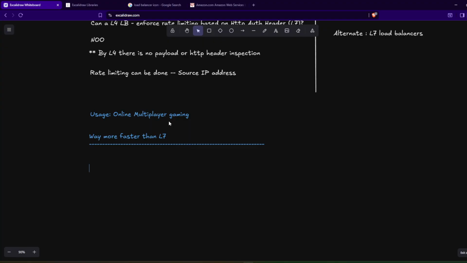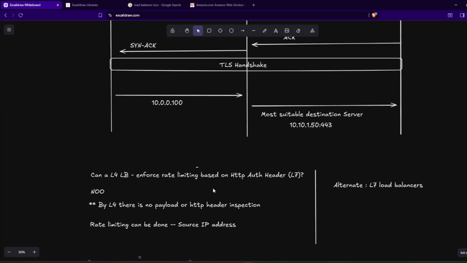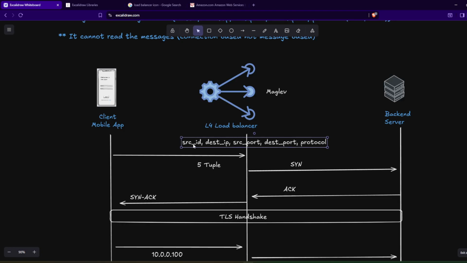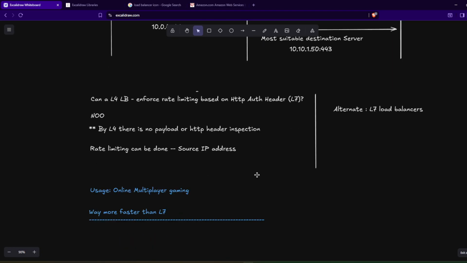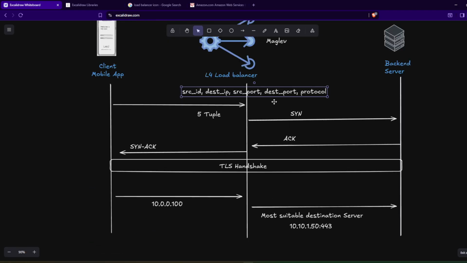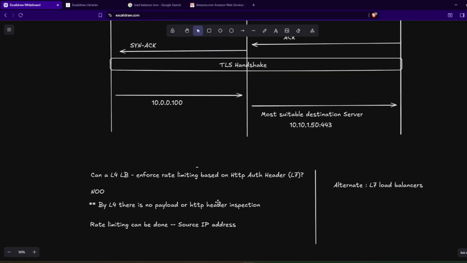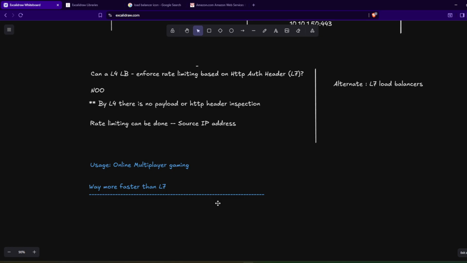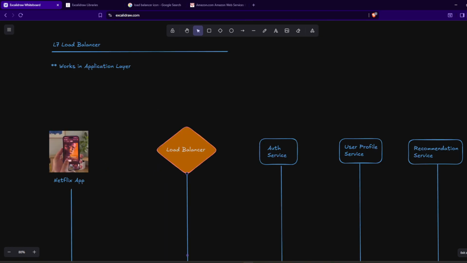Like as I said, multiplayer gaming is one option, and whenever we have to do any kind of routing based on the source IP, or anything out of these 5 tuples, in that case also L4 should be the first choice. So now let's do a deep dive into the L7 load balancer.